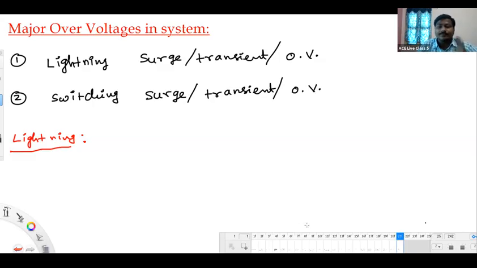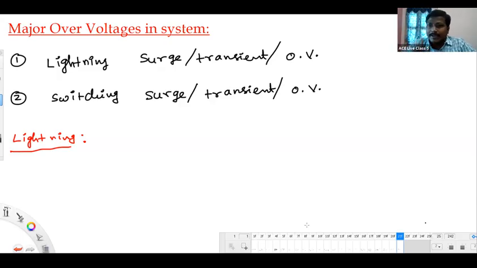Next, which bodies on the ground will take this lightning? Simply conducting bodies. Conducting bodies will attract this lightning.